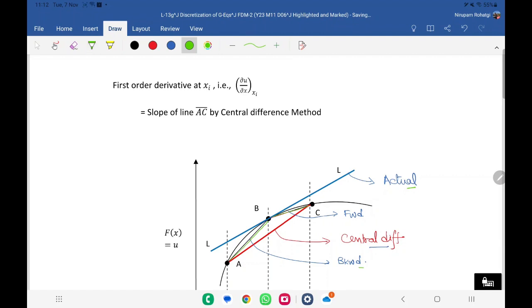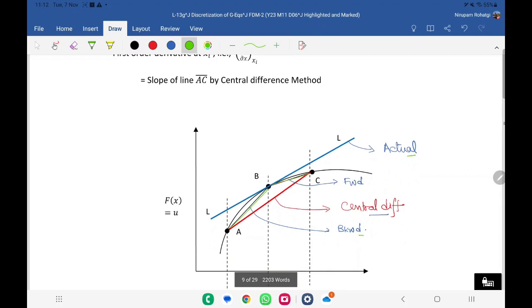And we also talked about what happens if we reduce this distance delta x in the backward direction as well as in the forward direction. The calculation of the derivative by the algebraic equation will approach the actual derivative.